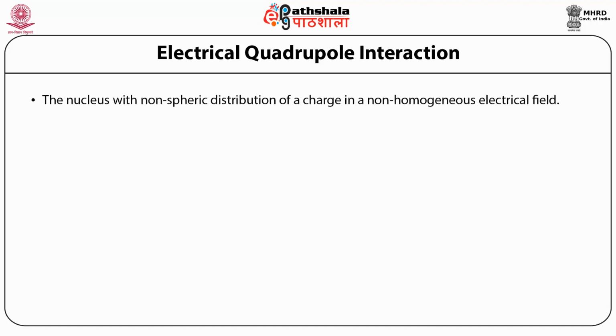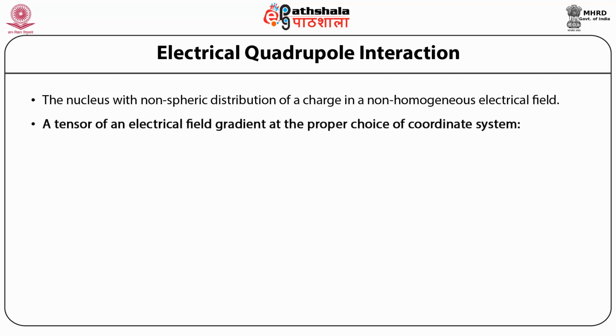Consider a nucleus with a non-spherical distribution of charge in a non-homogeneous electric field. If there is a change in the shape of the nucleus, it is directly linked with the quadrupole interaction. The electric field gradient is a tensor, at proper choice of coordinate system phi ij, which is not equal to 0, with i, j varying from 1, 2 and 3.